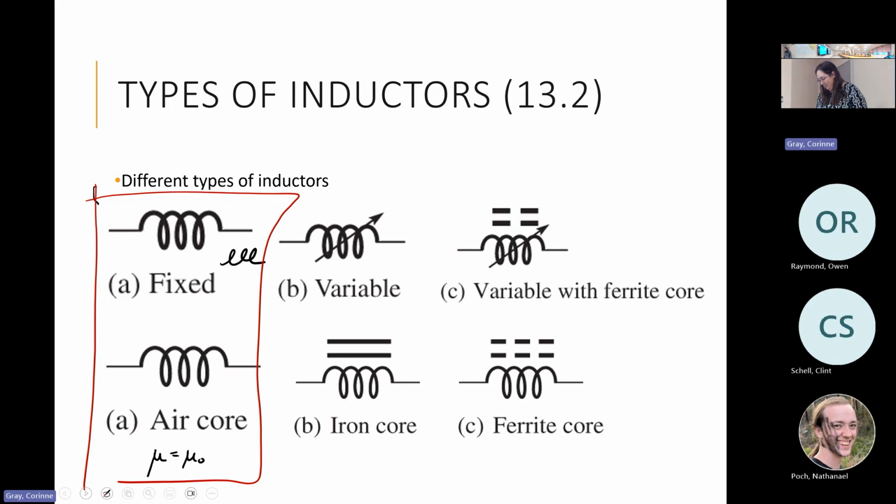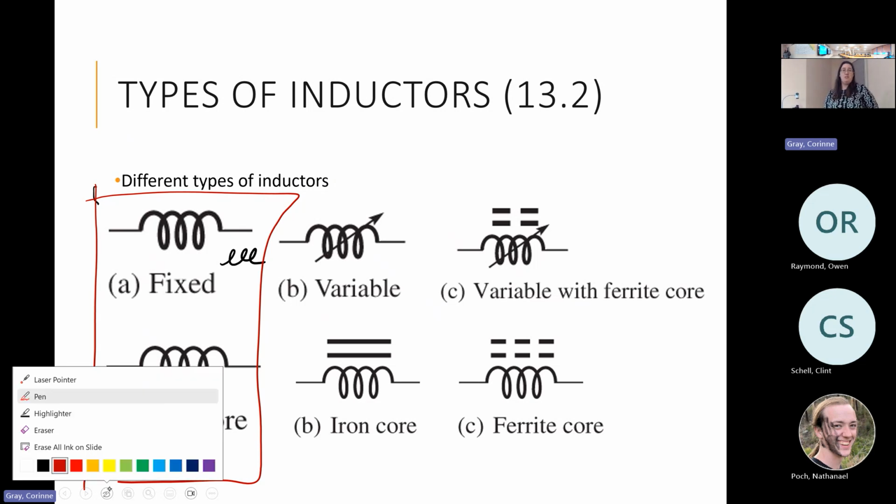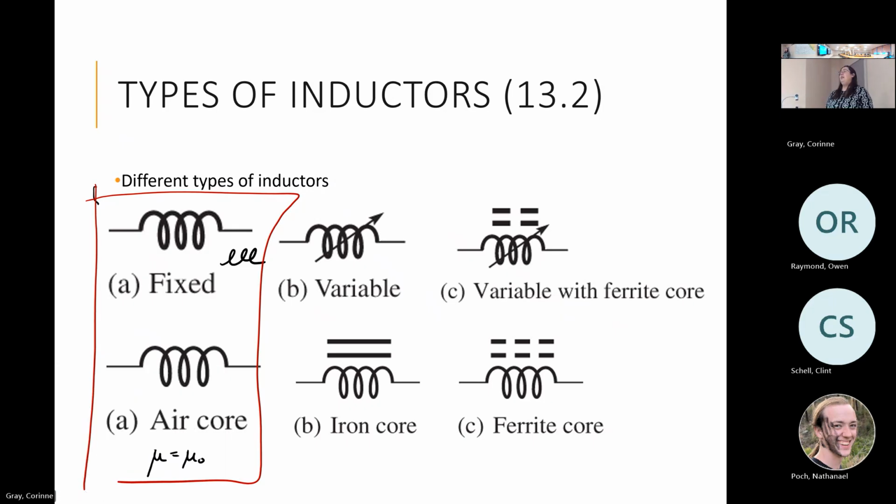Again, it doesn't have to be perfect. So we have our, right, fixed, variable, fixed with ferrite, air core, iron core, ferrite core. And I did not make these symbols, but there are also ones for different types of alloys as well. It's a mess. Just draw a little loop-de-loop. That is enough. Please draw more than one loop though.